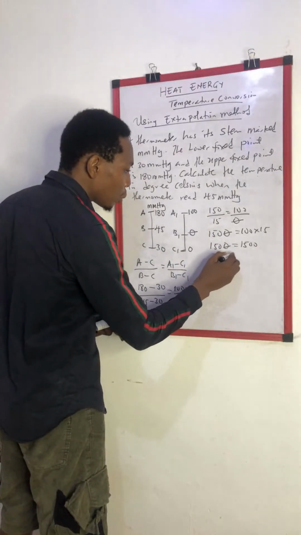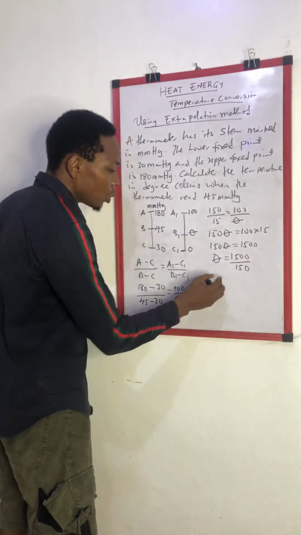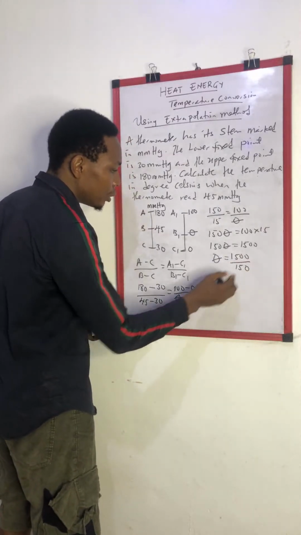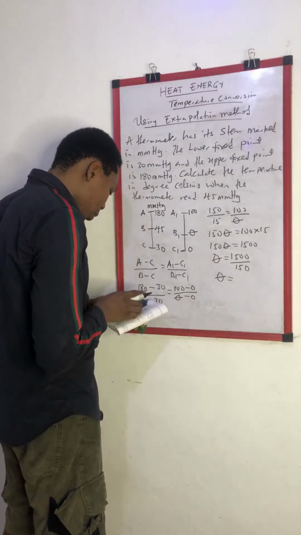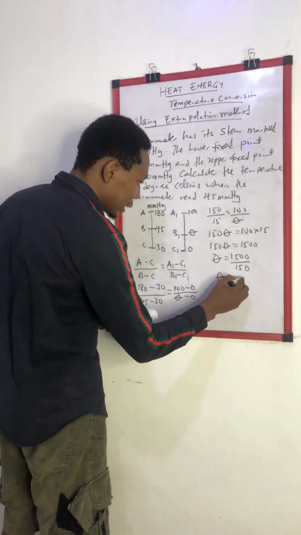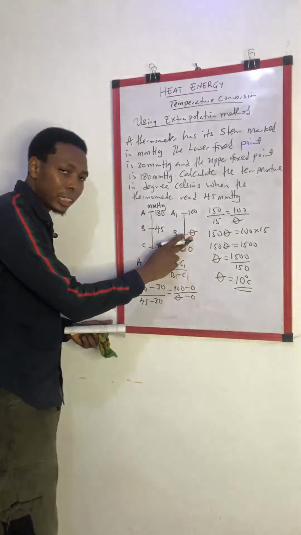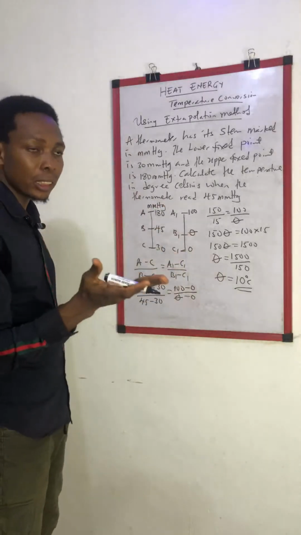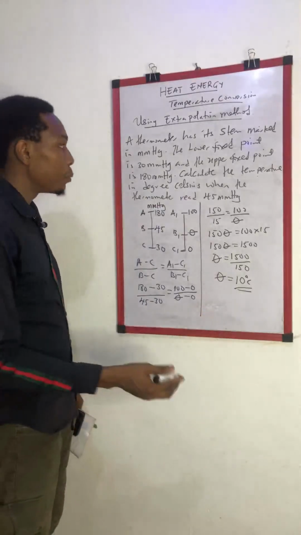So our theta is equals to 1,500 divided by 150. So that's 10. So 10 degrees Celsius. That means what we are going to add here should be 10 degrees Celsius. So you can copy that. Let's move to the next one.